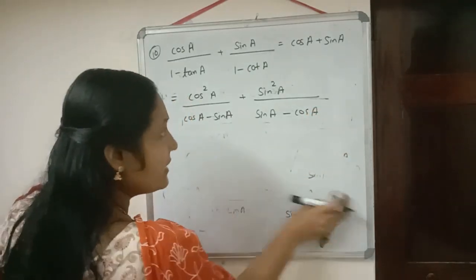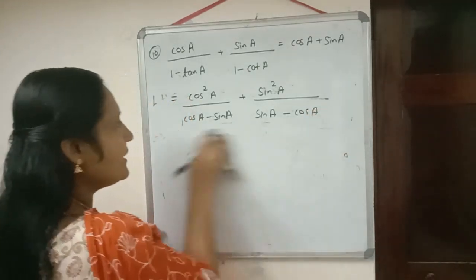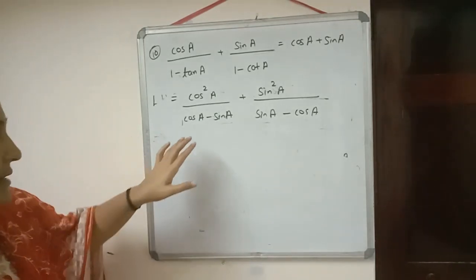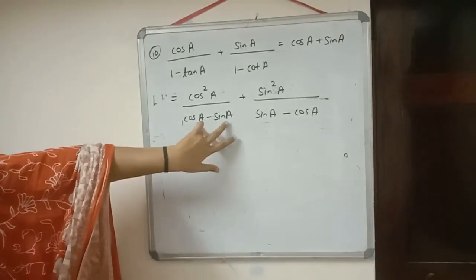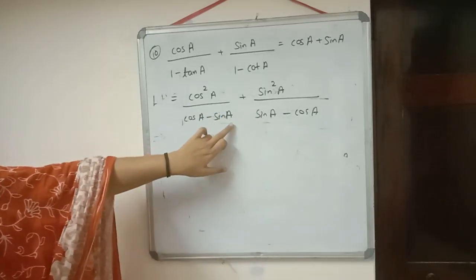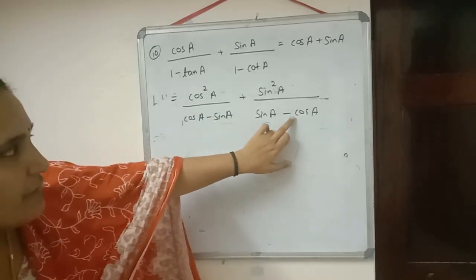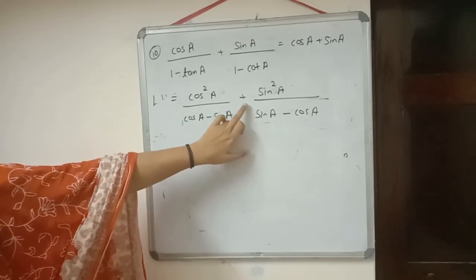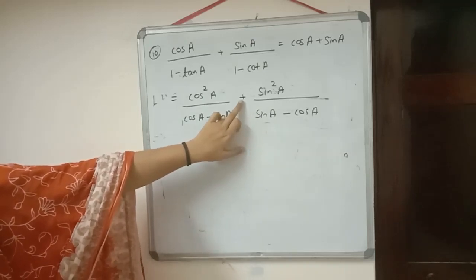We want there cos A plus sin A only. If you check the denominator, it is in the form of just a difference with a negative sign there. So if we take the negative sign common from here, that negative sign will get multiplied by this positive sign.